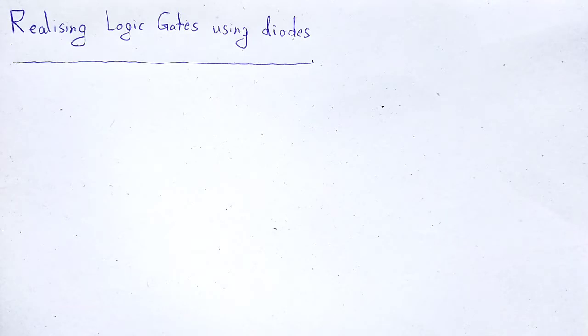In this video, we are going to discuss realizing logic gates by using diodes. Let's begin. In logic circuits, we use diodes and transistors. In this way, we have to realize the logic gates by using diodes.